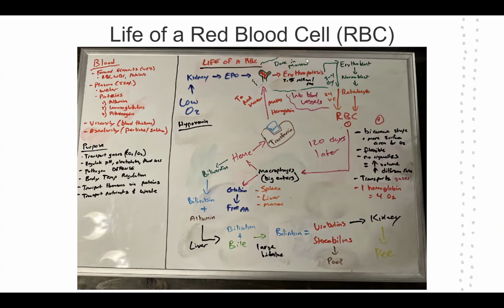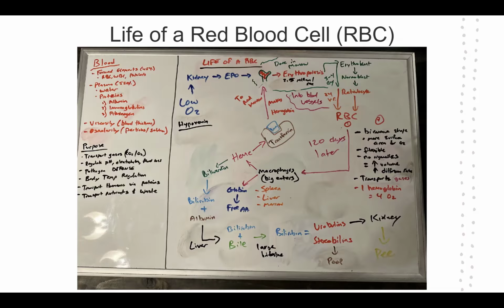The way I have it broken up is everything in the green up here is done inside the bone marrow. And then obviously the orange and the red is the red blood cell being in your arteries or your veins. So again, the way this process starts is you're going to have a low oxygen, or hypoxemic, condition.